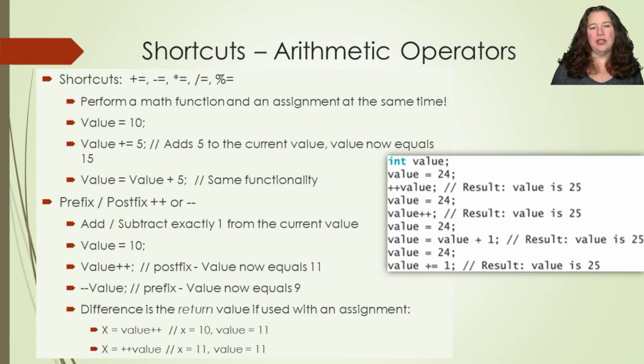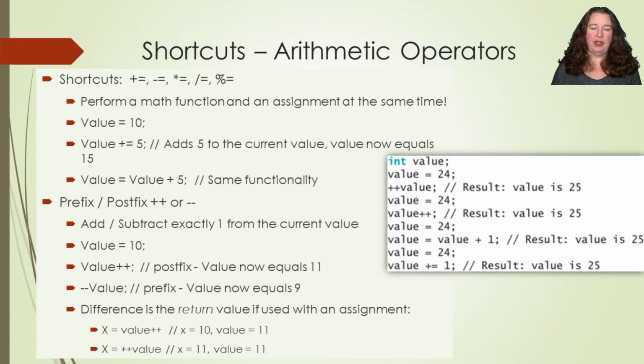The other part of this is what we call prefixes or postfixes, which is a plus plus in front of or behind a variable. There's also a minus minus. It either adds or subtracts exactly 1 to the current value. If my value is 10 and I do a plus plus, my value is now 11.